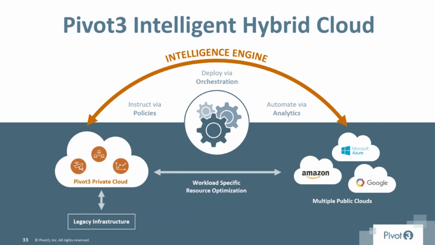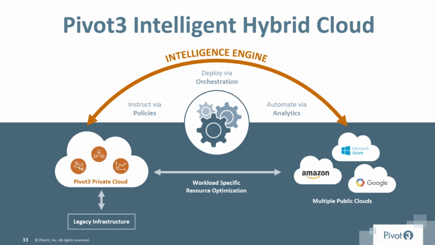So today we can tie in and use existing storage and existing compute resources within our HCI solution. And then we also need the intelligence engine to be expanded to not only interpret the policies that the user is creating, but then begin to make automated decisions based on analytics, and then do automatic orchestration and deployment of those resources.